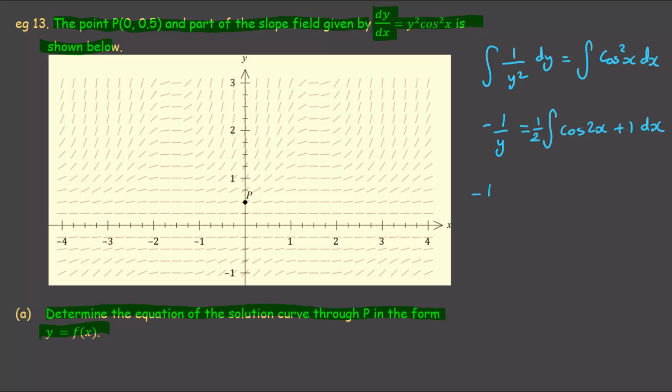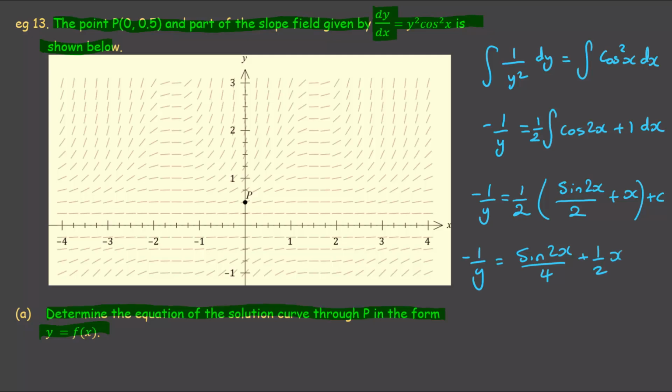So that's going to give me negative 1 over y is equal to a half of, integrate cos, we're going to get sine 2x divided by 2 plus x, and then there'll be some sort of constant here, which we'll worry about shortly. And so we have negative 1 over y is equal to sine 2x over 4 plus a half x plus a constant.